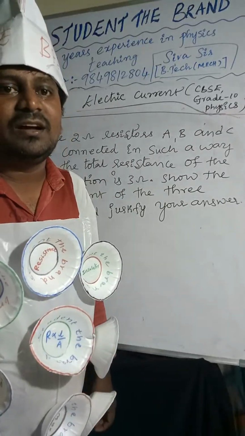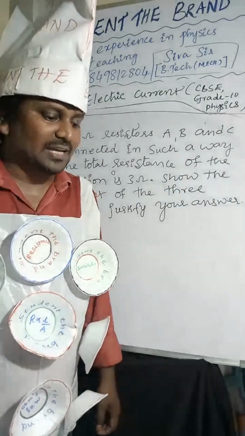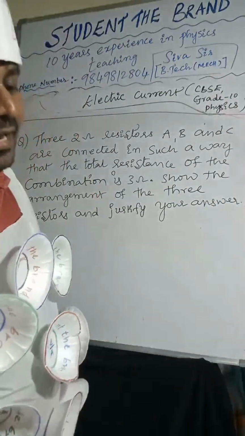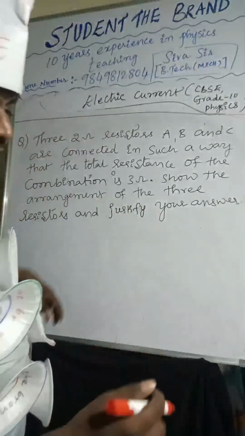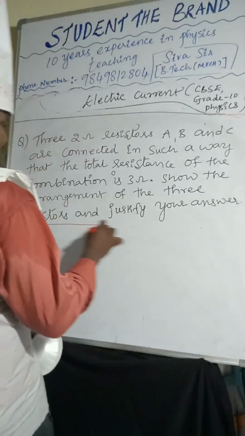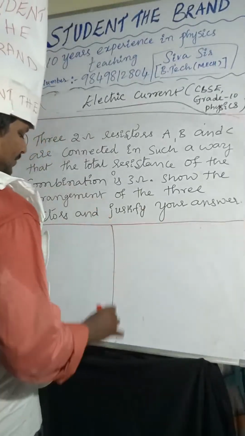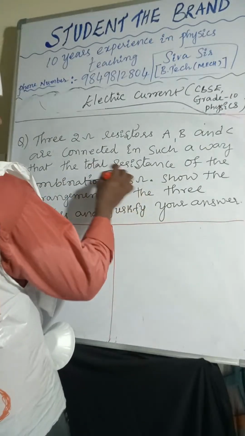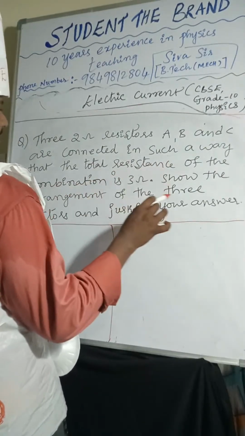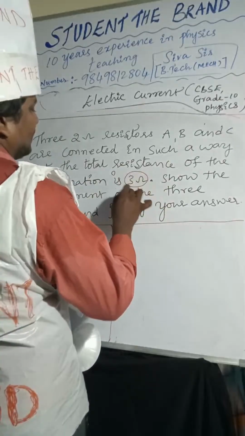Yes, very nice. That is correct: two in parallel, one in series. Very good, I'm clapping for you. If you know the answer in this interaction class, you can try to answer it. They gave 3 ohm.